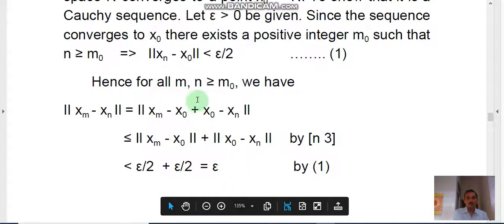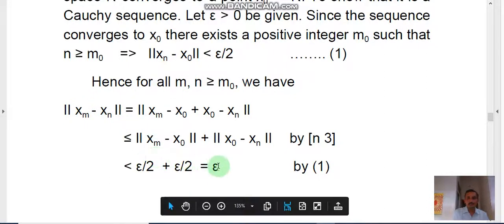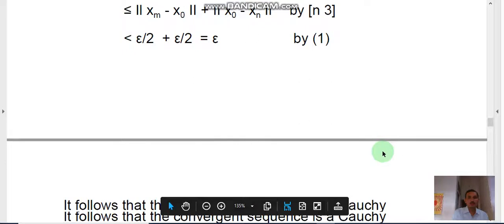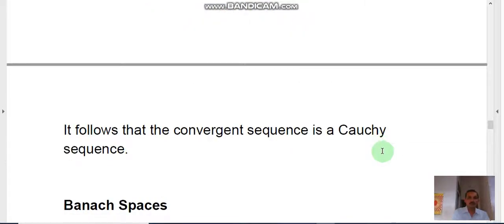So for any epsilon we have obtained m0 such that for all m, n greater than m0, norm of xm minus xn is less than epsilon. Therefore this is a Cauchy sequence. It follows that every convergent sequence is a Cauchy sequence.